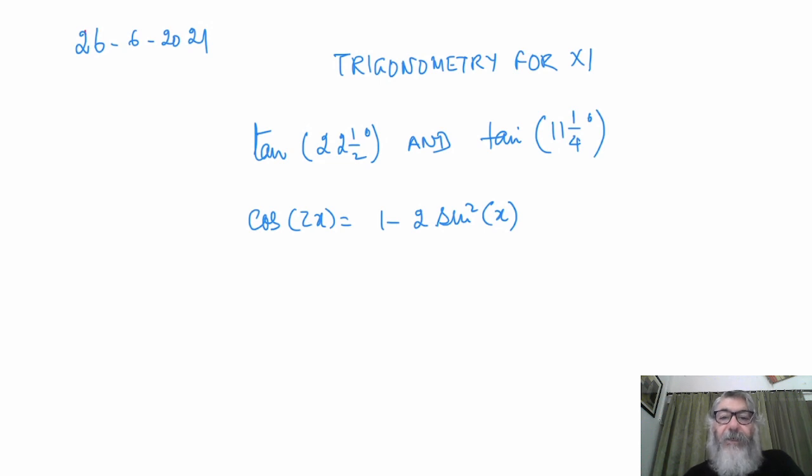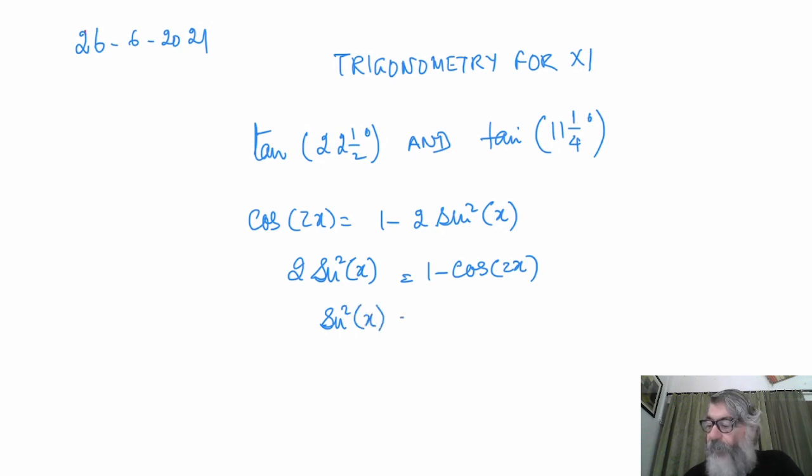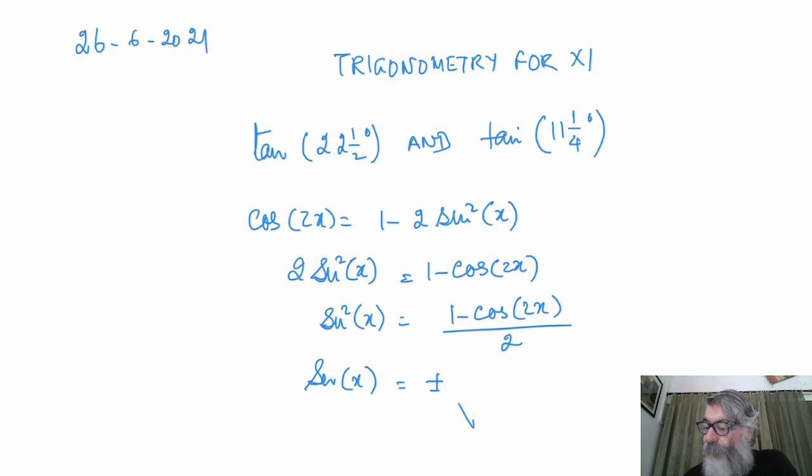Cos 2x is 1 minus 2 sin square x, or 2 sin square x can be written as 1 minus cos 2x, or sin square x can be written as 1 minus cos 2x upon 2, or sin x could be written as plus minus under root 1 minus cos 2x upon 2.